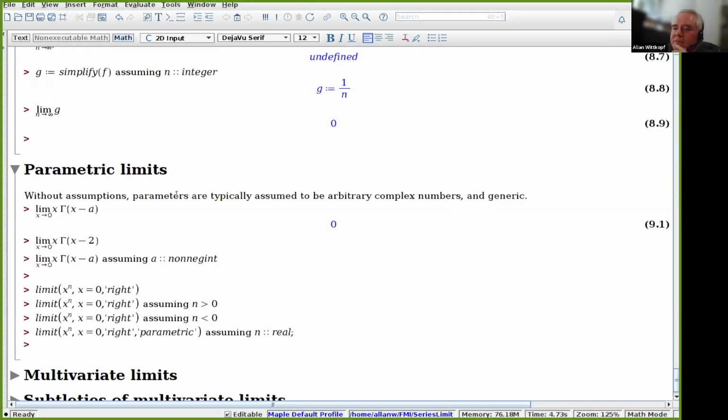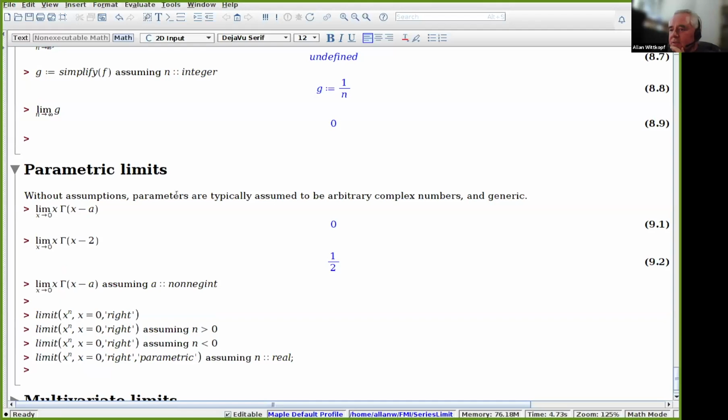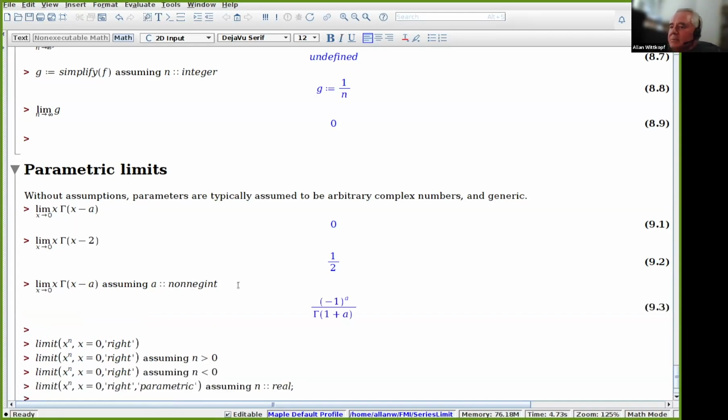But if we do this for a specific value of a, 2, we get something that's not 0. 2 is an example of an isolated point where this is not true. And in fact, for this specific expression, this is not 0 only when a is a non-negative integer. And so we can ask for the limit under that assumption, and we get the expression we expect.